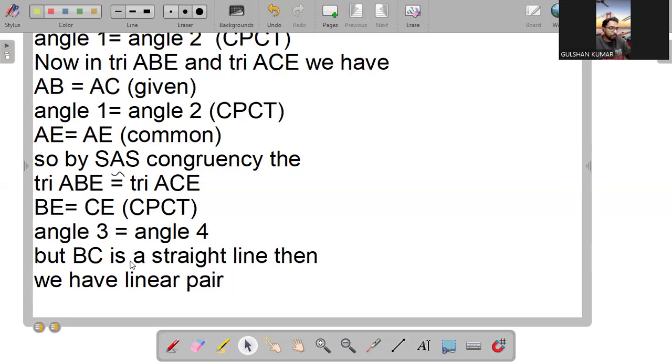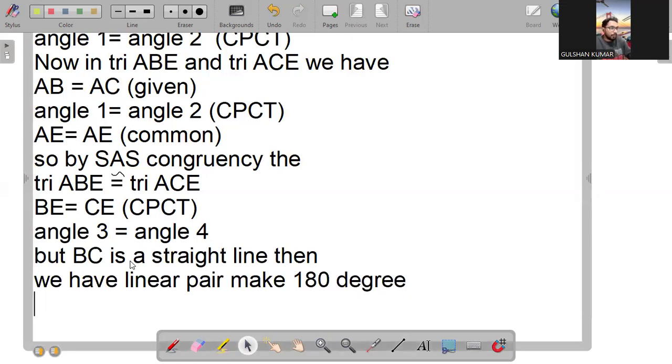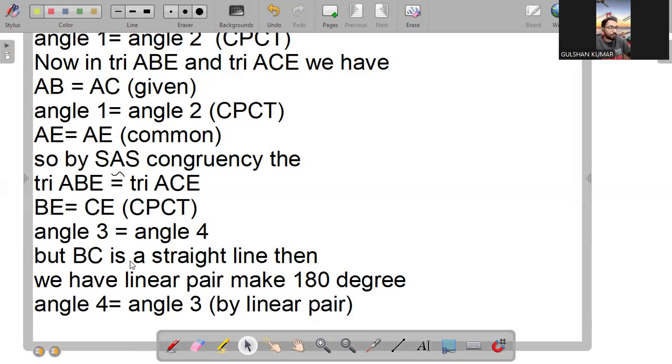A linear pair makes 180 degrees. So angle 3 and angle 4 make a linear pair.